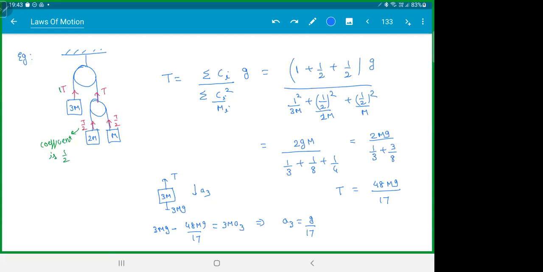So basically this will give you tension in any string you want. Is this clear?